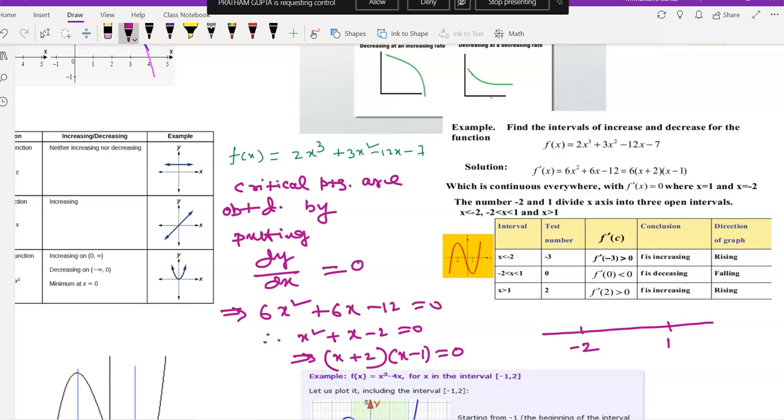If we find the sign of this function, then dy by dx finally stands for 6 into x plus 2 into x minus 1. In between minus 2 and 1, this function will be negative. This problem I have explained before, I'll do it again.